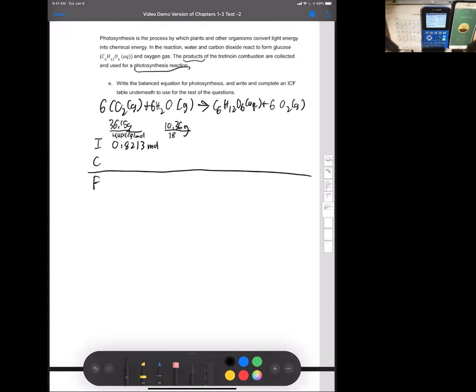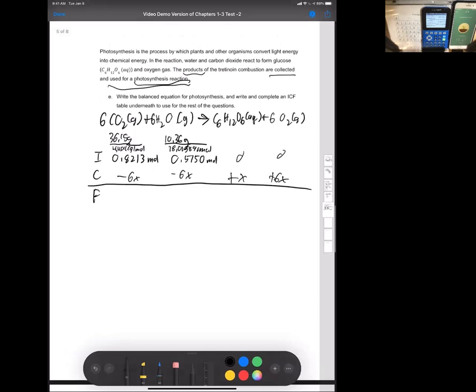Then the water: divided by 18.0158, 0.5750 moles. Now remember that in the initial row, this is how much is given by the words collected, used for the photosynthesis reaction. For the product section at the initial, we'll have none of this, and that's why it'll be set to 0. Minus 6x, minus 6x, plus x, plus 6x.